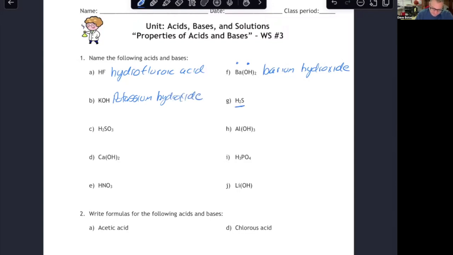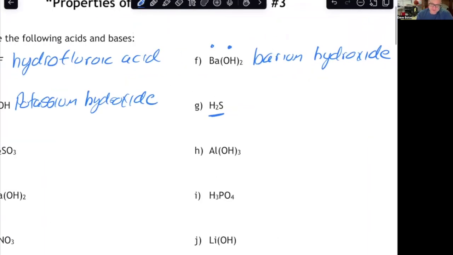And here we have H2S. So, okay, again, monoatomic. Now, S stands for sulfur, and sulfur has a -2 charge, which is why we had to have two hydrogens to make that work. So we are going to go with the hydro, since this is a monoatomic.